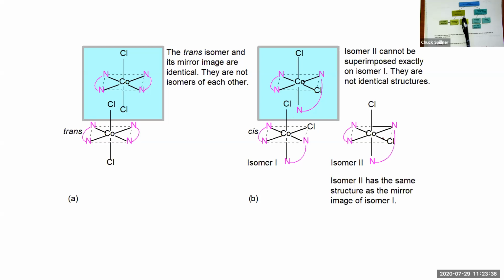And then we have isomer 2, which is changed a little bit, and isomer 2 and its mirror image are the same. One way to get isomer 2 is that the nitrogen and the chlorides switch places.